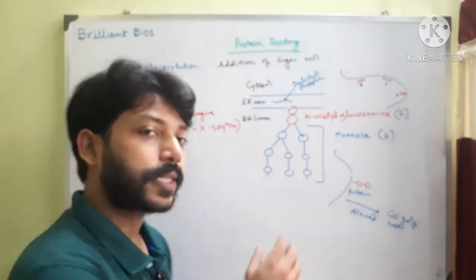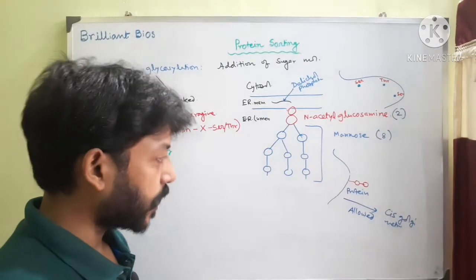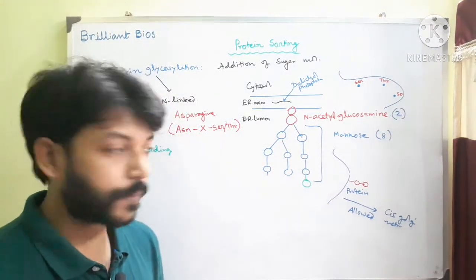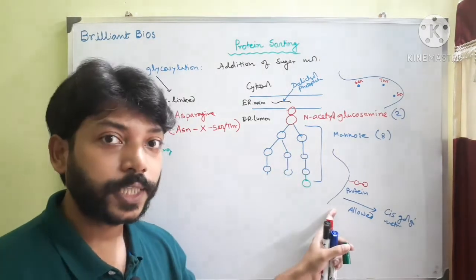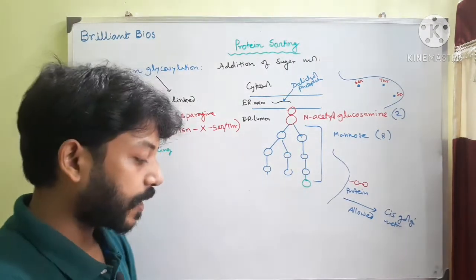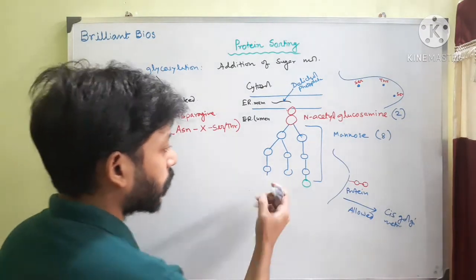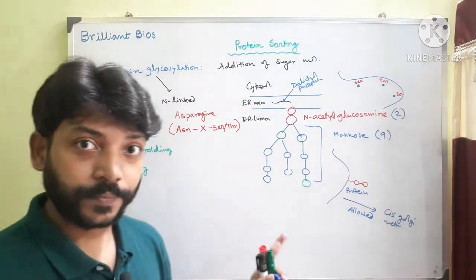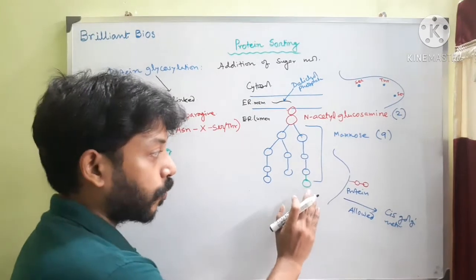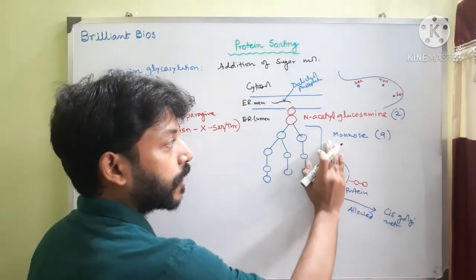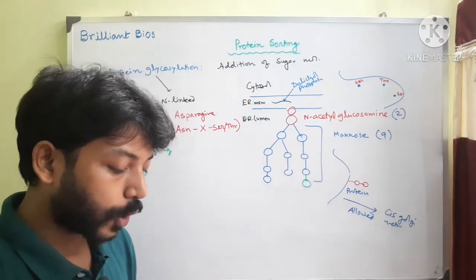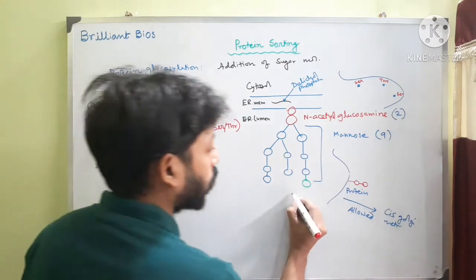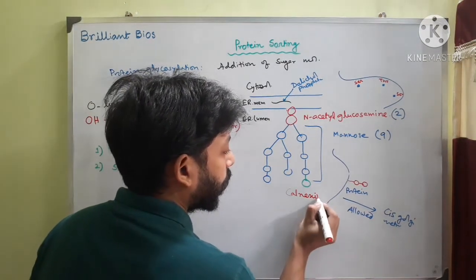At first 3 glucose are cut out, but if there is any problem in the protein folding, then another glucose will be added, and there are also 9 mannose present. In this situation, when there are 2 N-acetyl glucosamine, 9 mannose and 1 glucose, 2 proteins actually attach and scan the protein, called calnexin and calreticulin.